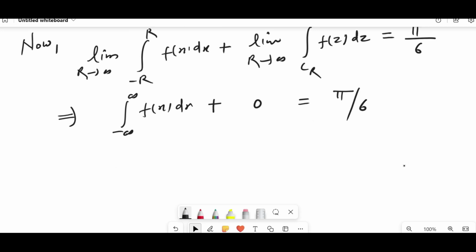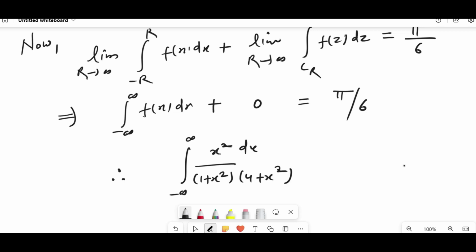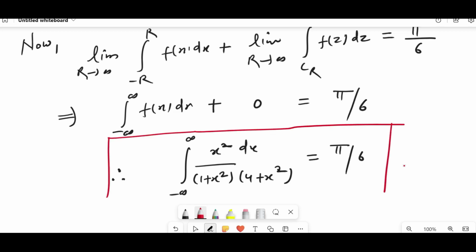So therefore finally we can write the value of this integral from negative infinity to positive infinity of x square dx over 1 plus x square and 4 plus x square is equal to pi over 6, and this is our required final answer.